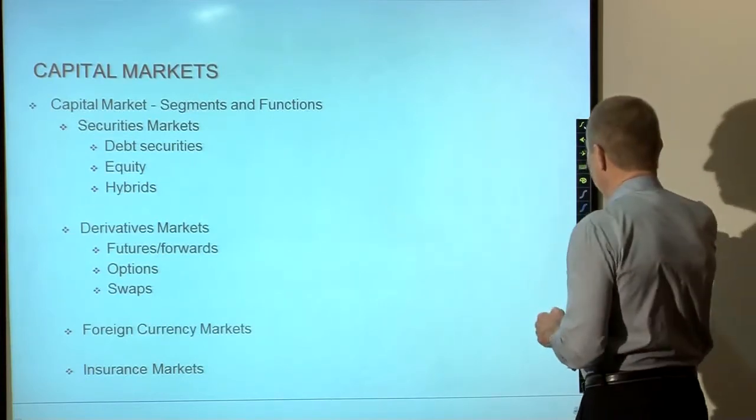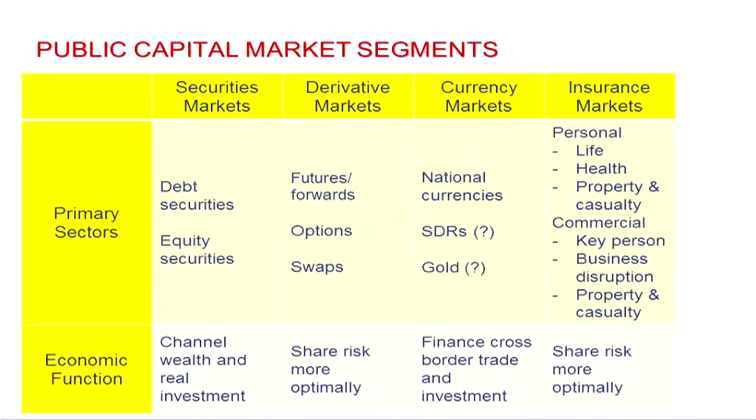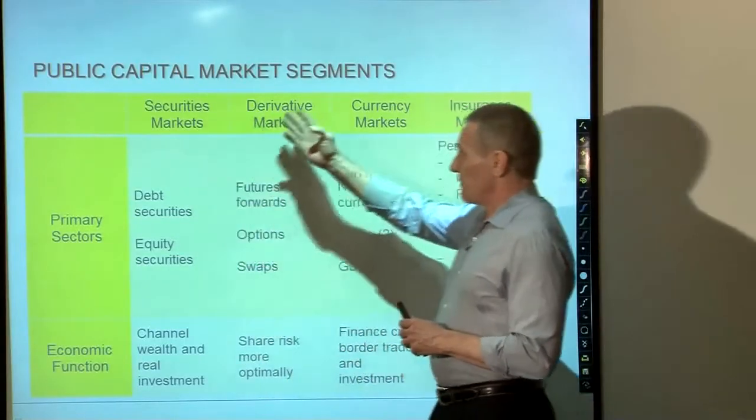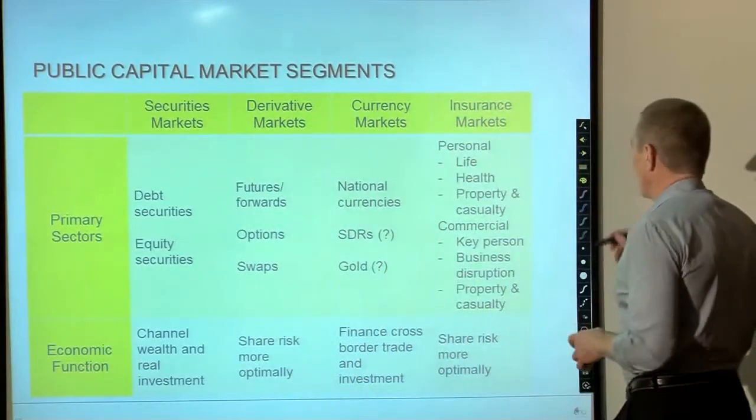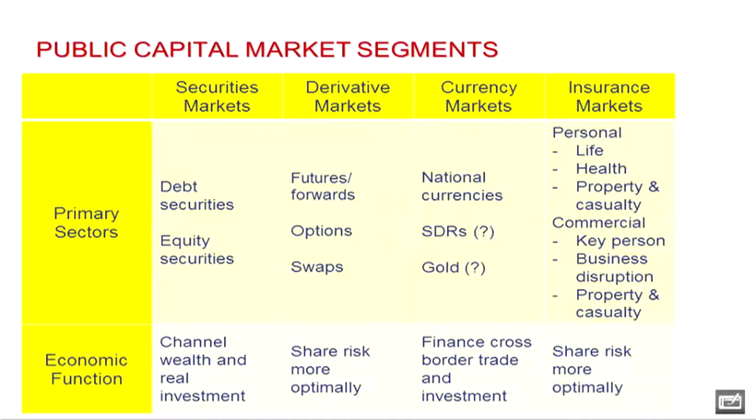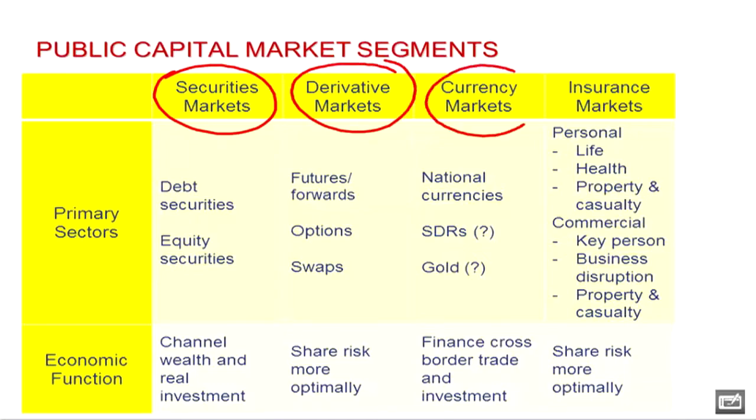In fact, let's look at these same categories in the context of an exhibit that tries to integrate some of these ideas. So here you see the four broad segments of the capital markets that I've already identified. Again, those are the securities markets, the derivatives markets, the currency markets, and the insurance markets.